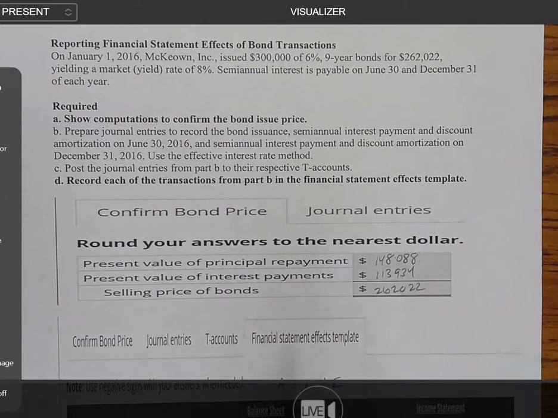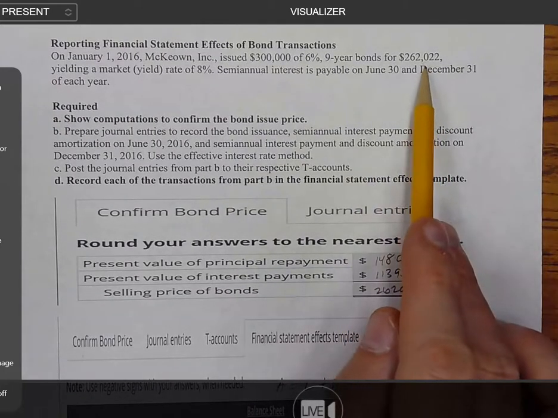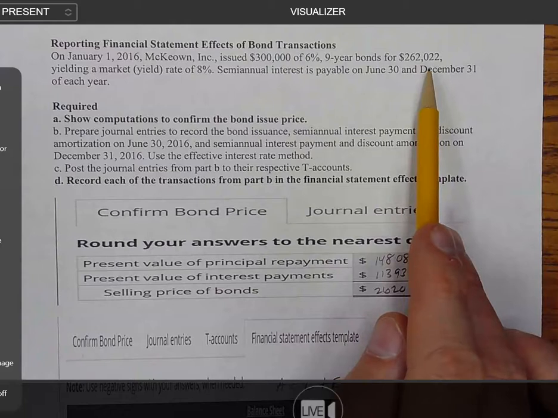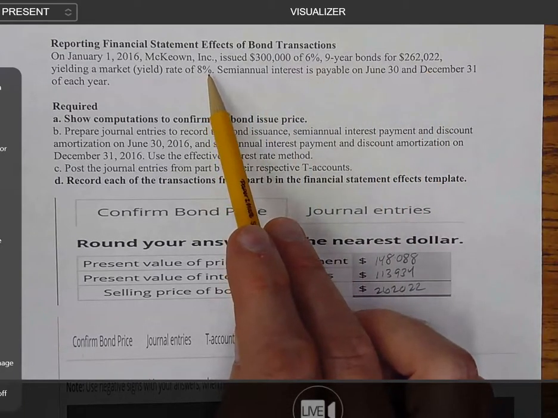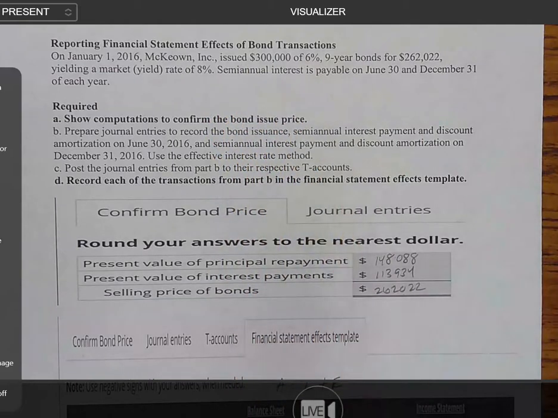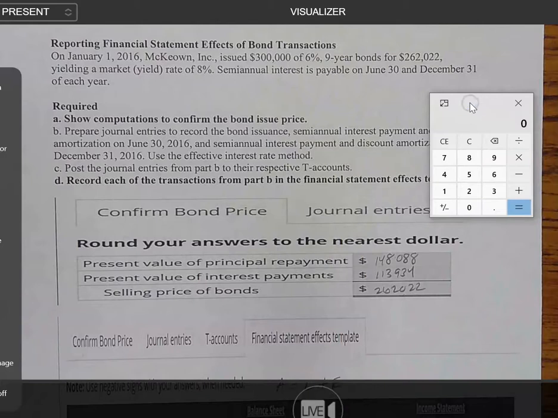We already know that we received 262,022, and the effective rate of interest is 8% annually or 4% semi-annually. So we are going to use those two figures to calculate interest expense. No matter how we're doing this, we're going to take the carrying amount, which initially, the amount of cash that we received and the bond carrying amount are going to be the same.